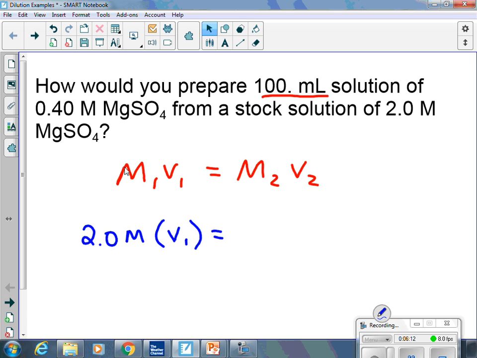What molarity do I want to make? 0.4. And how much of that do I want to make? Well, don't convert it to liters. We don't need to. Just leave it at milliliters.